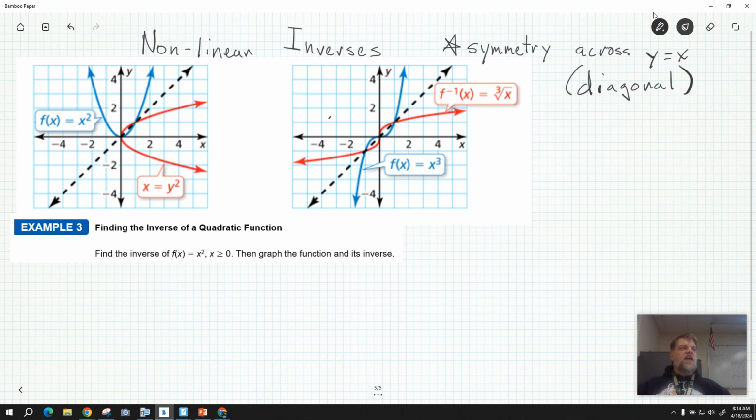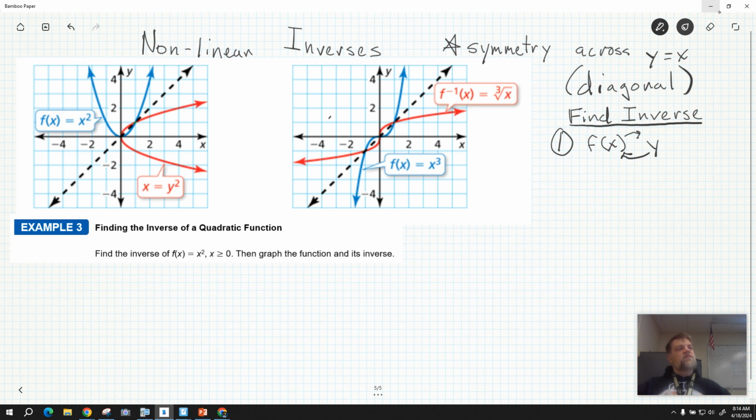Well, again, write down over here, to find inverses, first step, we're going to take f of x and replace that with y. You're just going to put a y in.